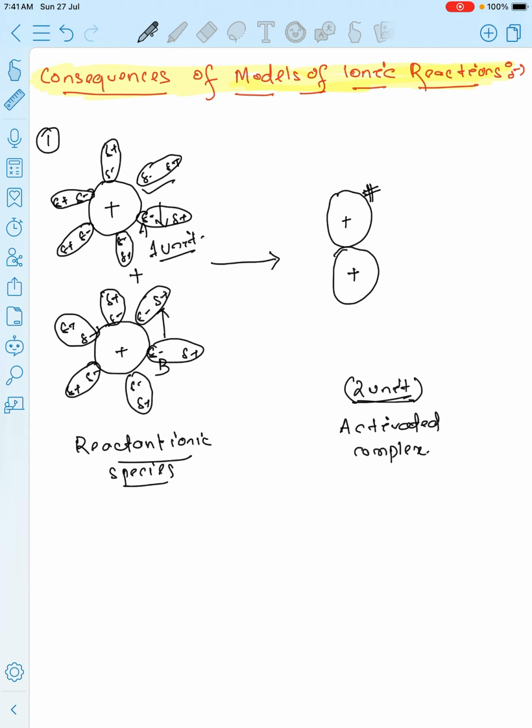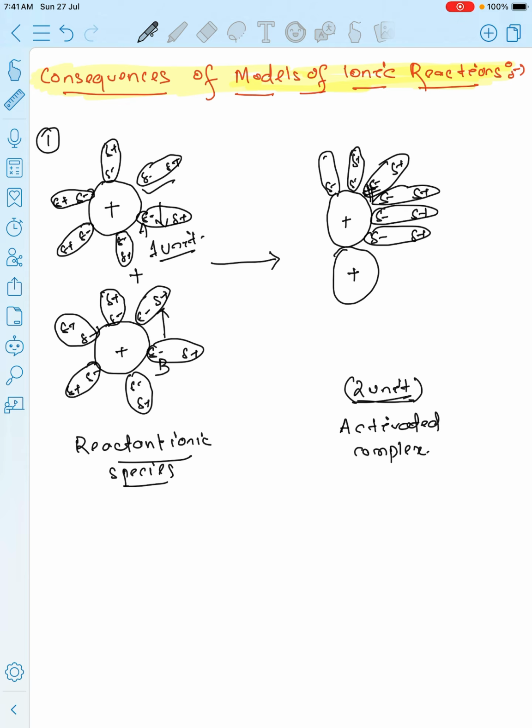So what would be the structure? This will be densely populated. The solvent molecules near the activated complex will be densely populated. What do we mean by densely populated?